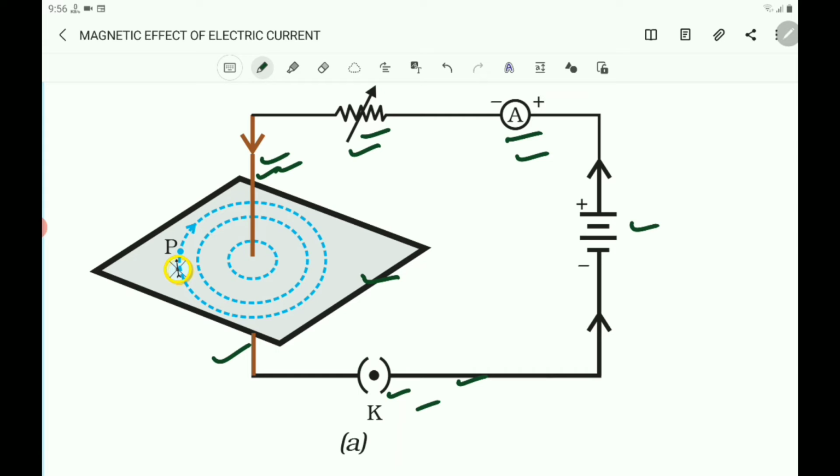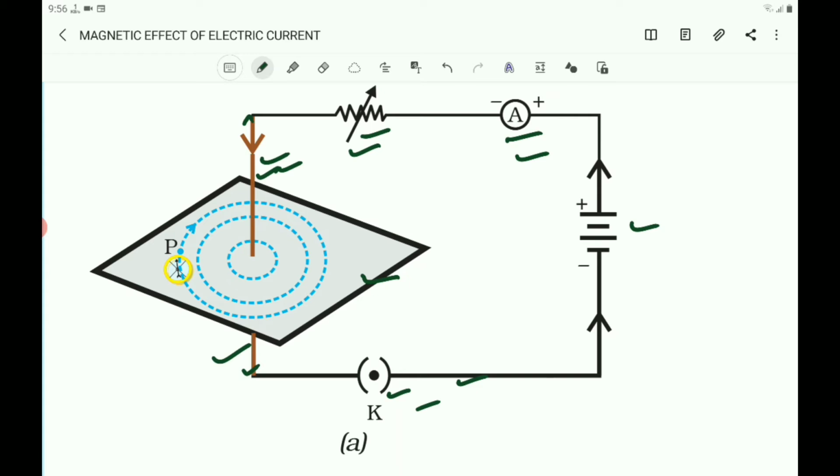Now connect the copper wire vertically between the points X and Y as shown in the figure. Here we have to connect the battery in series.